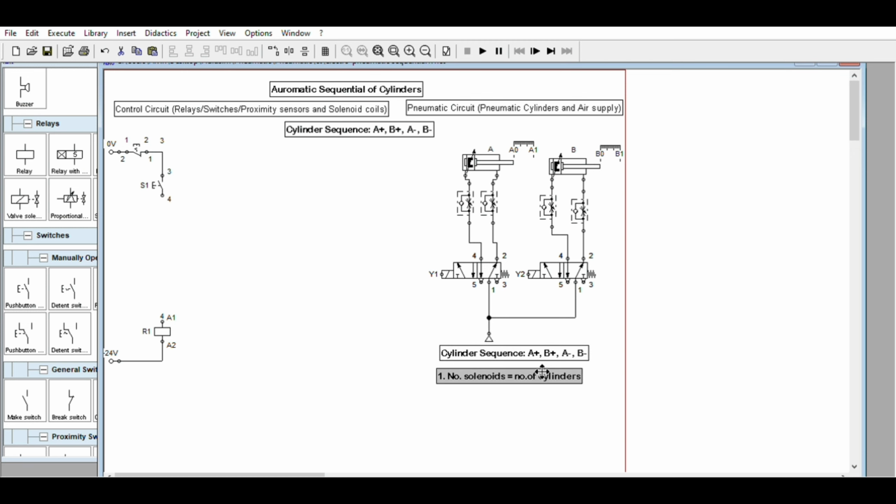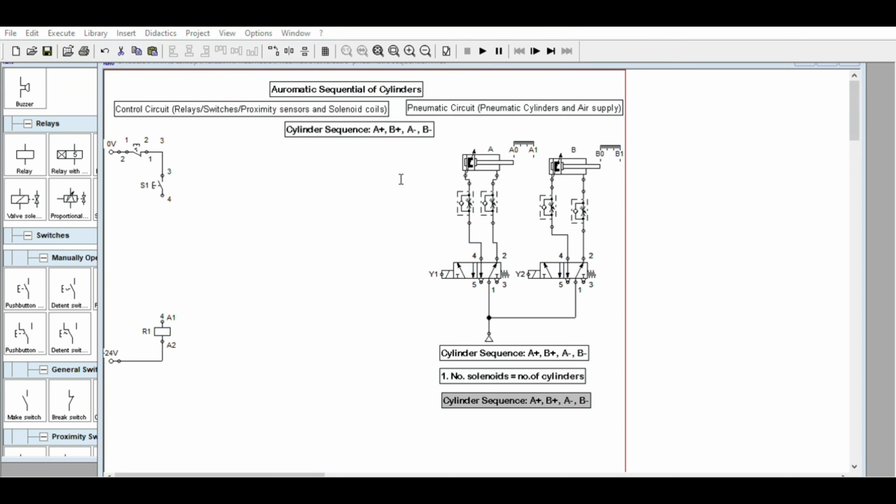Next, if we have two cylinders and the sequence states A plus B plus, there are four sequences there.